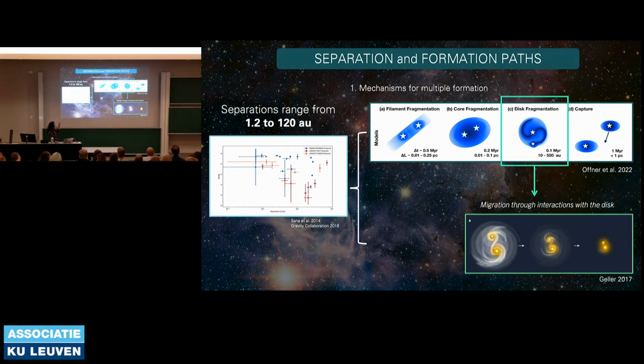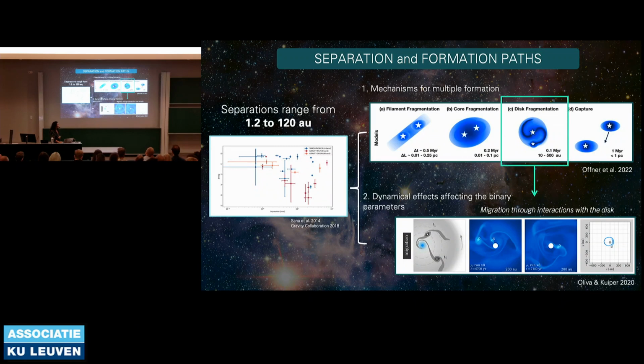So to find companions this close, it's probable that migration has already occurred. Also, the presence of a third companion, for example in the triple systems, can help push the second companion towards the central star and leave it as a tight system as is observed for main sequence massive stars. And this has also been tested in simulations.